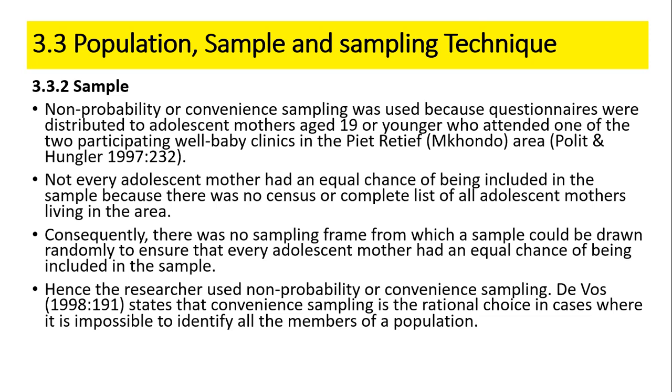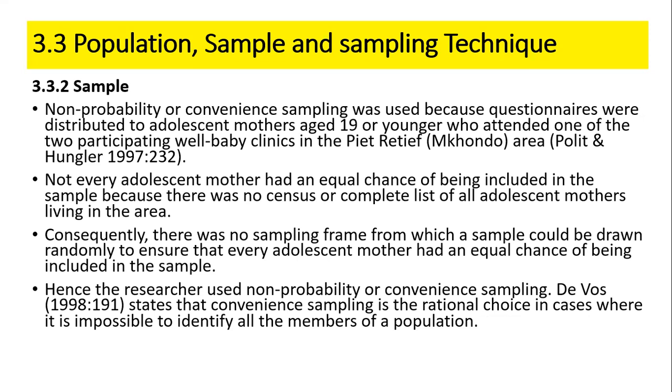So the researcher used convenience sampling, which is non-probability. In research methodology, you have learned that there are two major types of sampling, probability sampling and non-probability sampling. So you have to mention what your particular sampling is, probability or non-probability.